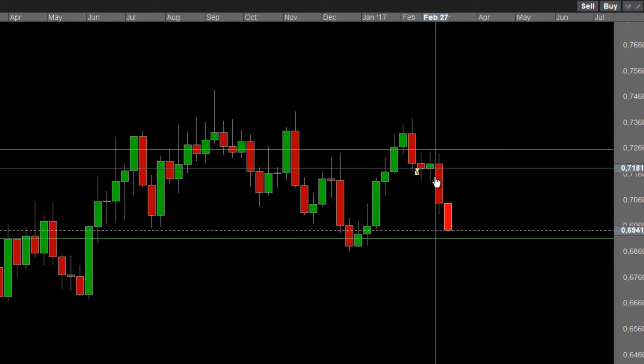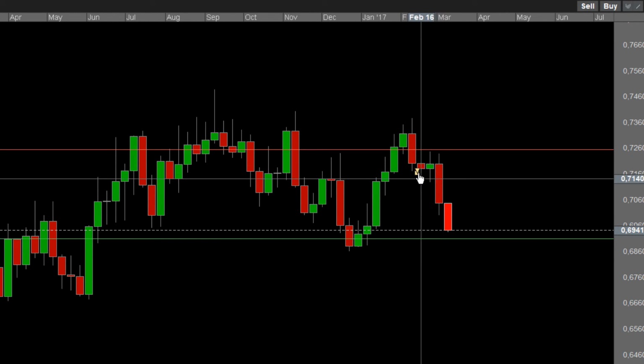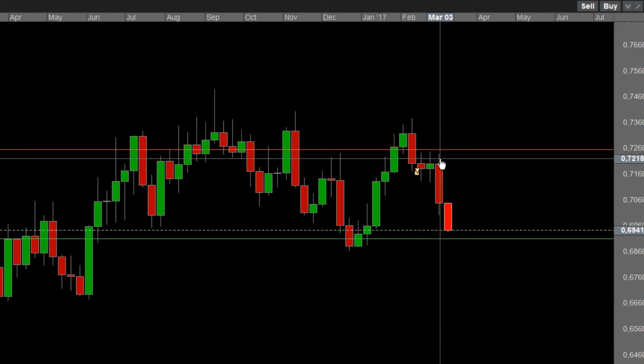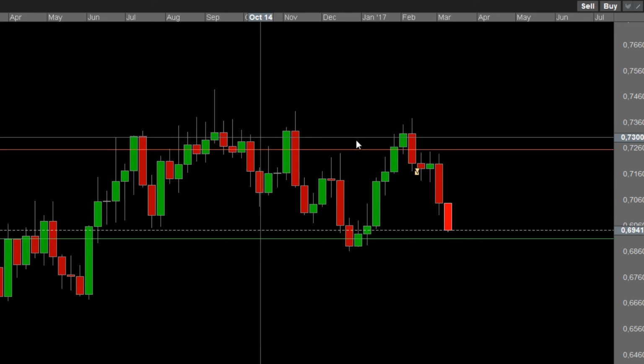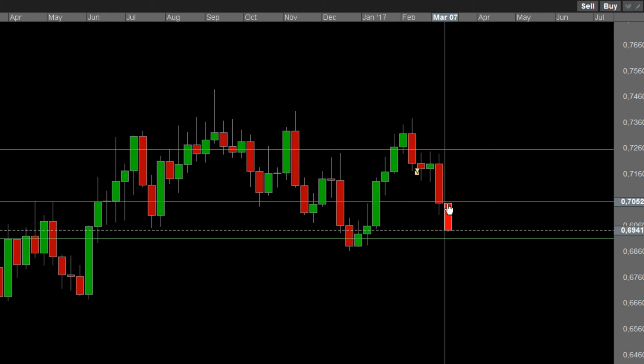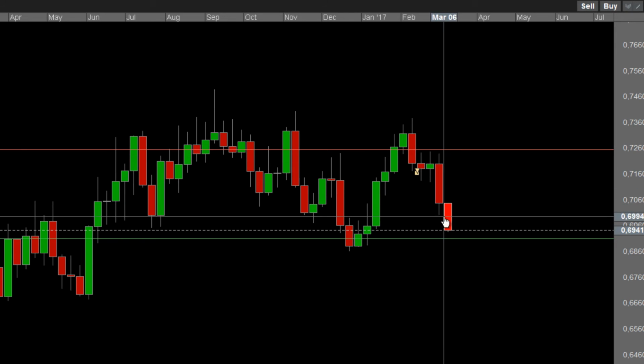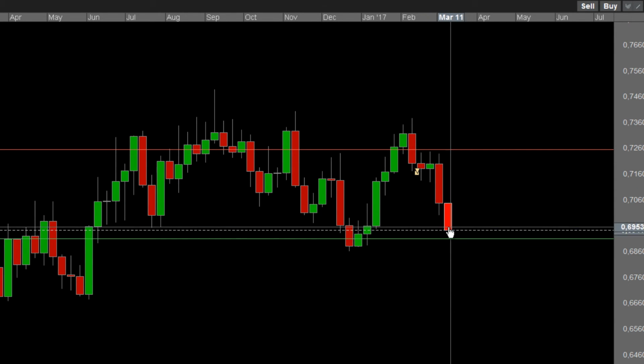After this kind of channeling formation, there's usually a strong breakout. So because of bearish bias, I expected that it would be pretty strong to the downside, and it actually was like that. And now we are just about to hit a take profit, and that's it.